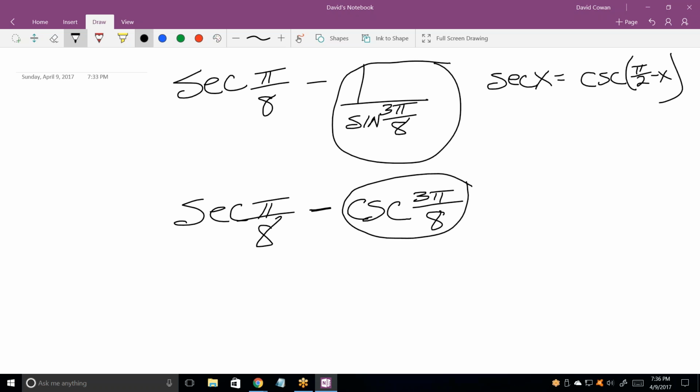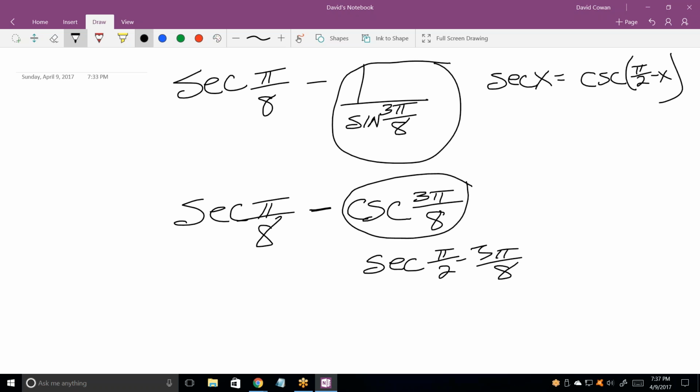What am I doing here? I'm messed up somehow. I know I'm on the right track. No, it's not. In other words, this is going to be the secant of pi over 2 minus 3 pi over 8, which is pi over 8.